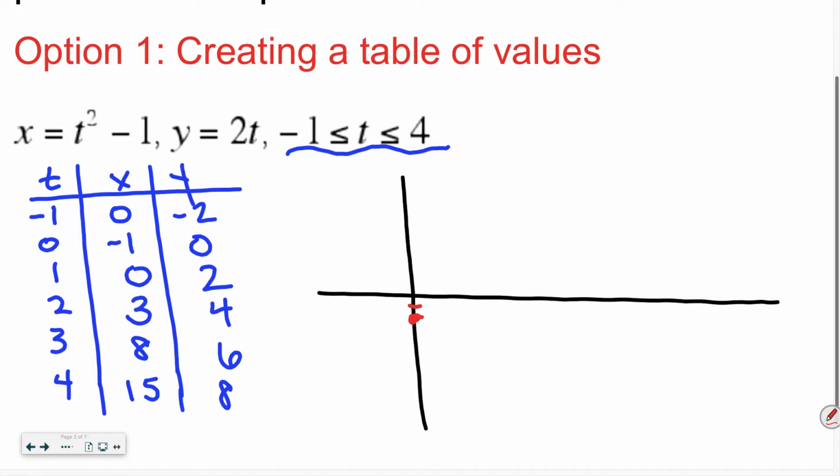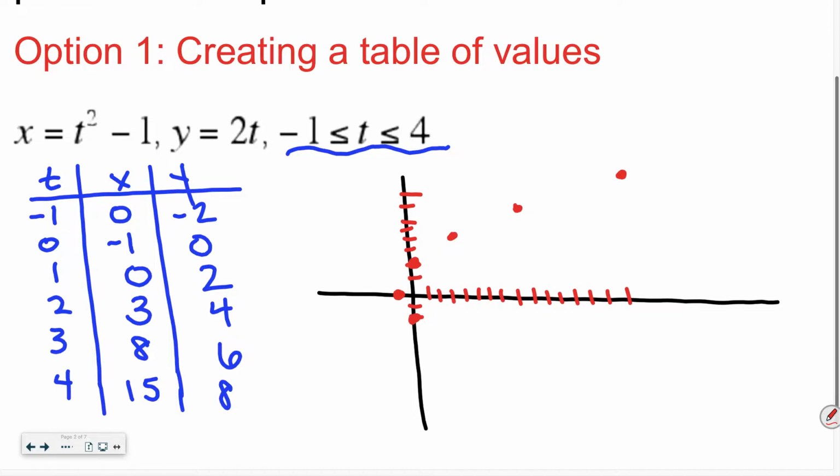Then we had -1, 0, then 0, 2, 3, 4, 8, 6, and 15, 8.